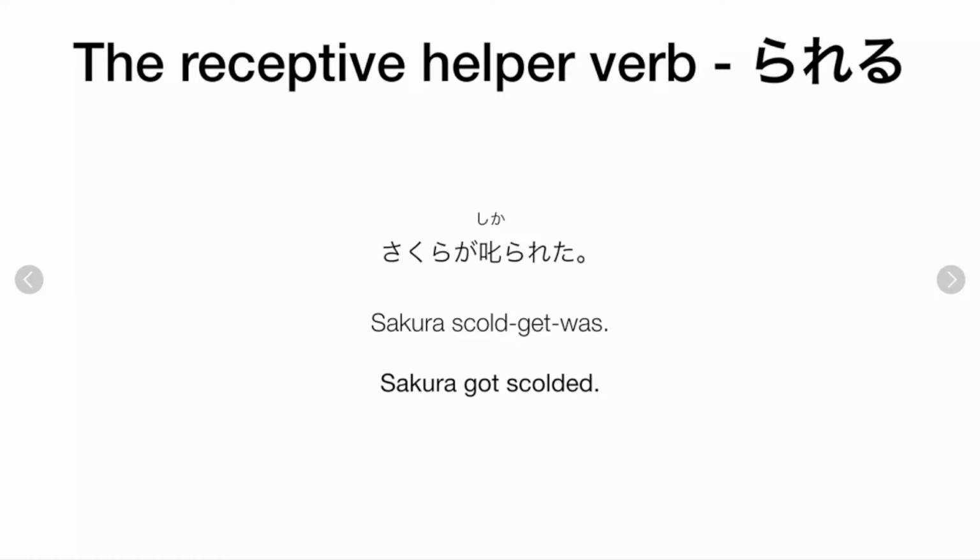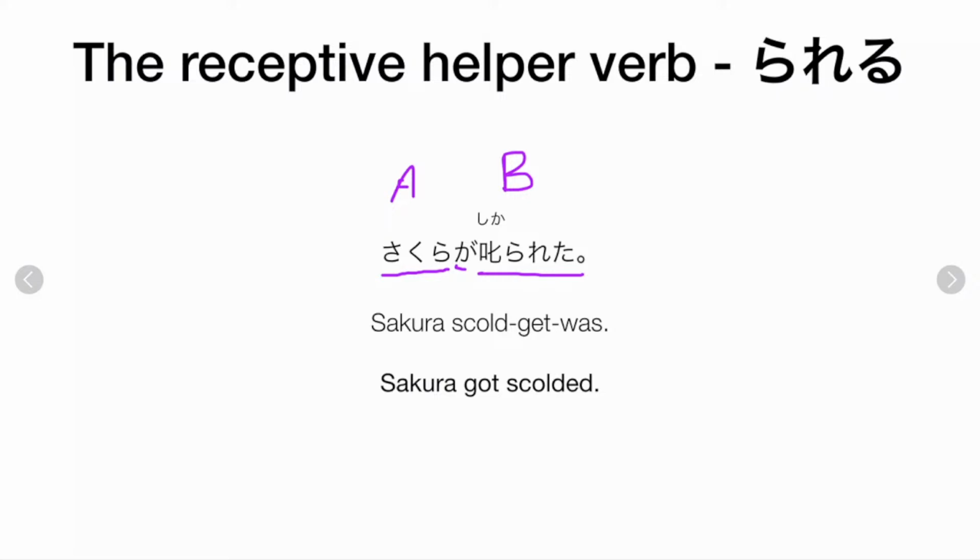So if we look at this sentence, Sakura ga shikarareta, right? Sakura is the subject, this is A, ga, and then B is the verb, shikarareta. There's three parts to that. So the first is shiku, shikaru, because this is rareru.